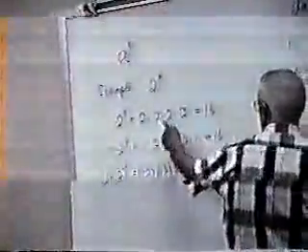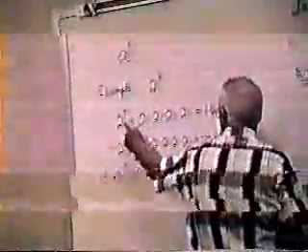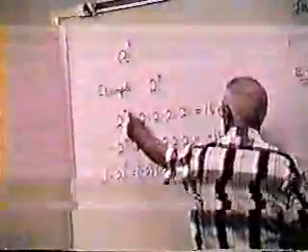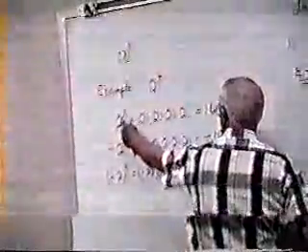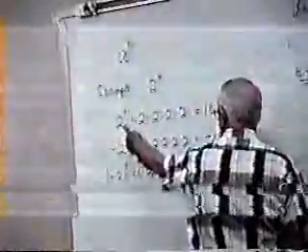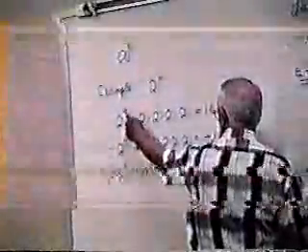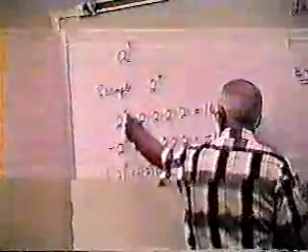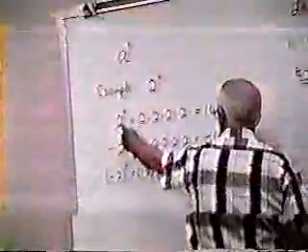Now when you multiply that out, it equals 16. So a base raised to a power means this base value times itself, times itself, times itself, so that you have that many factors of the value 2.